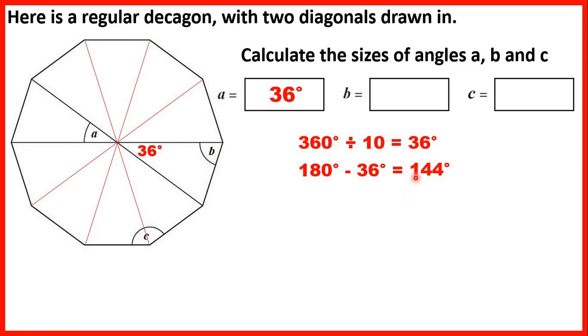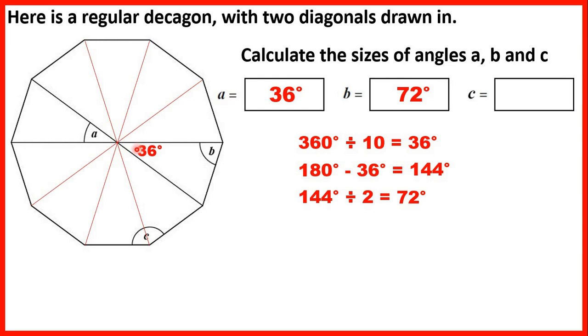So if the two together are 144, to find each of our angles, so to find angle B, we can divide 144 by 2, and that gives us 72. So angle B is 72 degrees, because this angle here will be the same, so will be 72 as well.